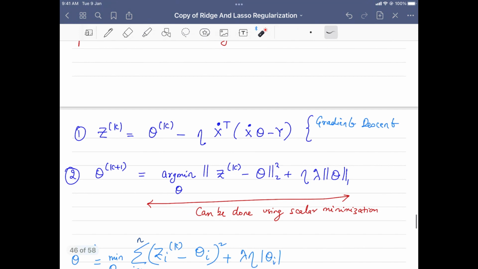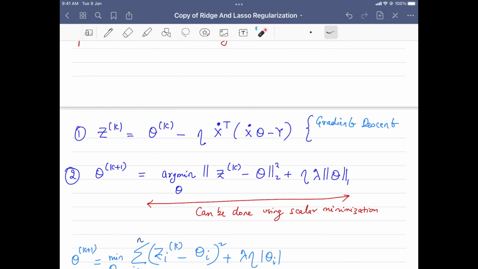This step is the same, because it doesn't involve anything else except the design matrices and the label y. So we can easily do a gradient descent on this variable zk, which is the dummy variable that came through the derivation, as you know. So this step is constant for both.